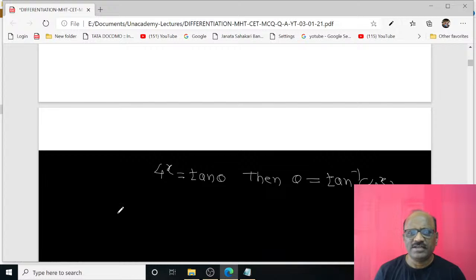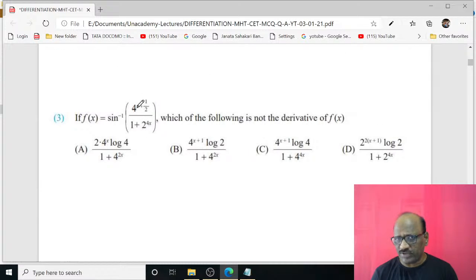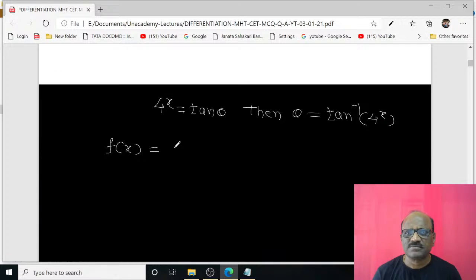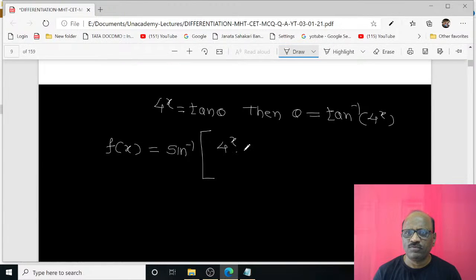What will your function become? Therefore, this f of x is equal to sine inverse, in bracket we have 4 raised to x into 4 raised to 1 upon 2, divided by 1 plus 4 raised to 4x.